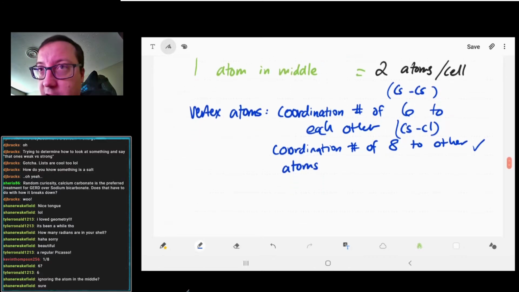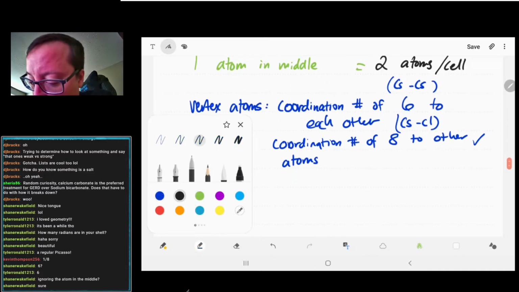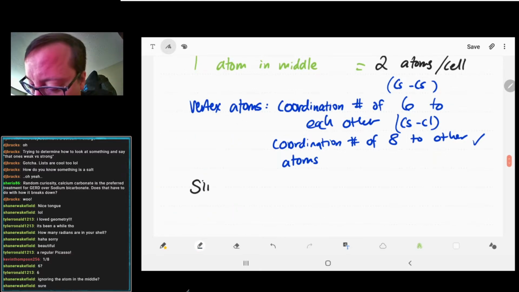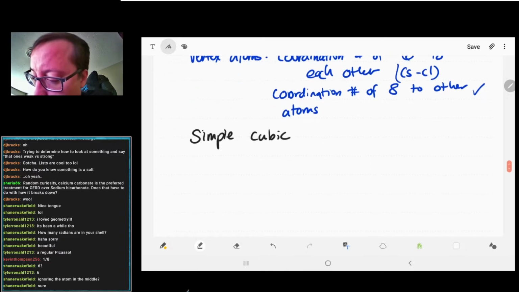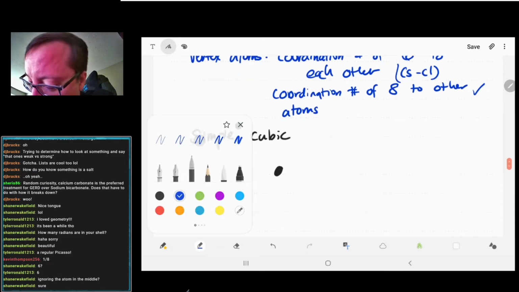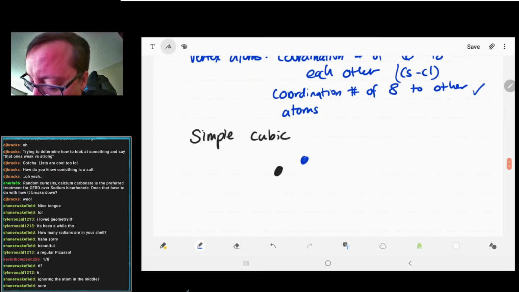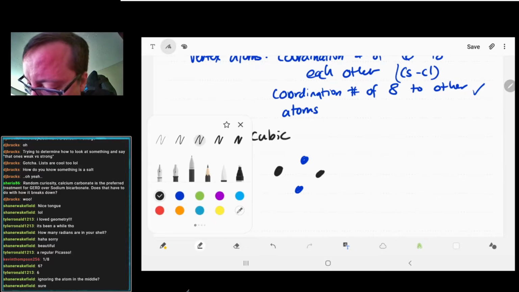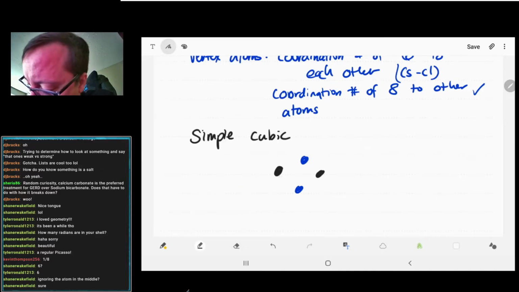Let's look at an easier one. Let's look at just simple cubic now. This one would be sodium chloride. Get ready for the drawing. Okay, we can do this.